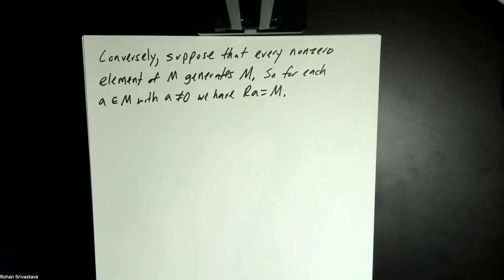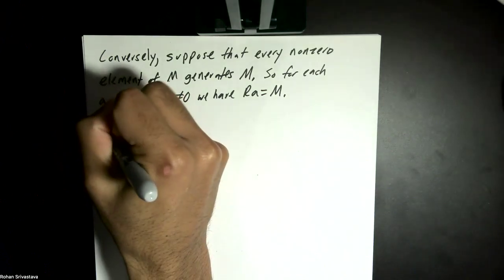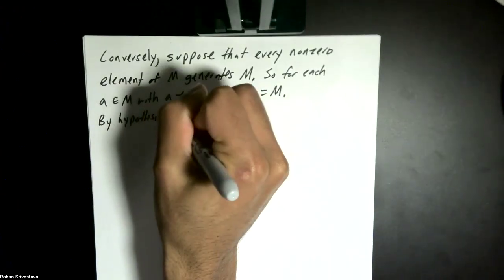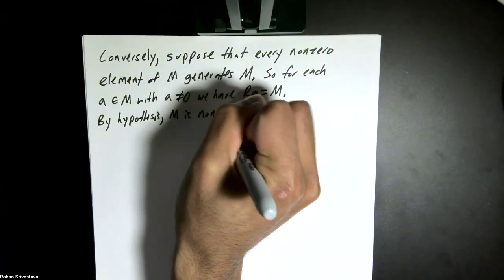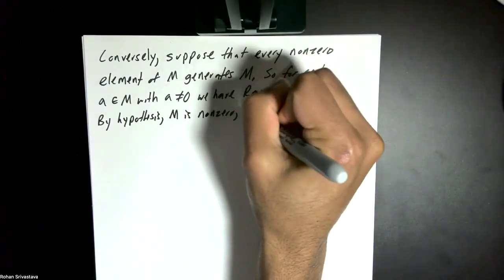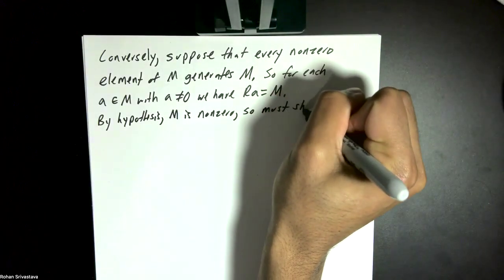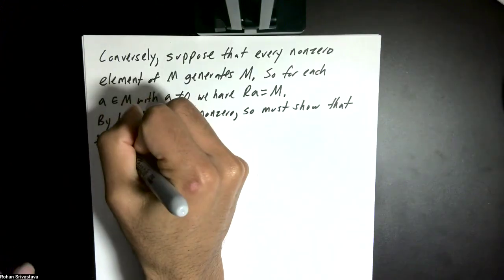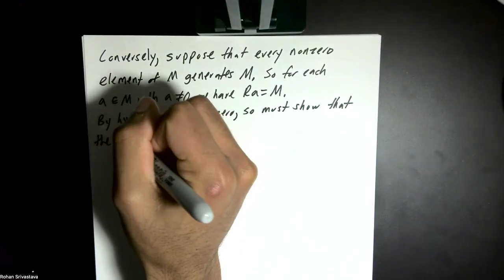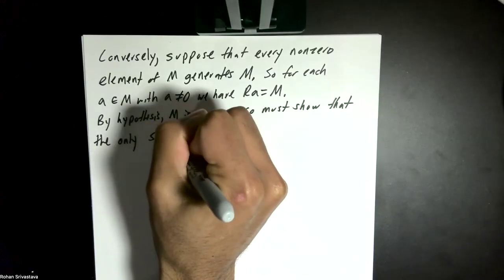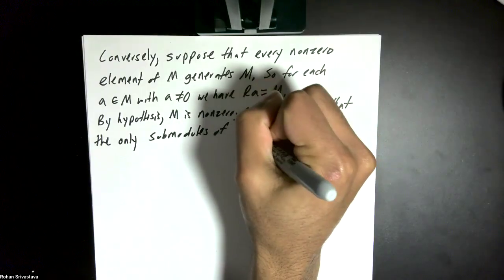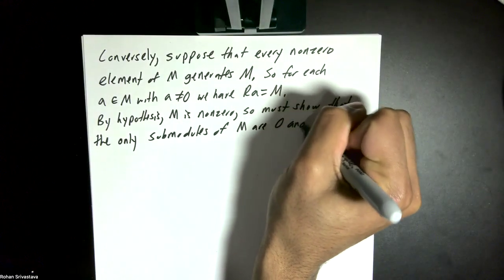So by hypothesis, M is non-zero, so we must show that the only submodules of M are 0 and M.